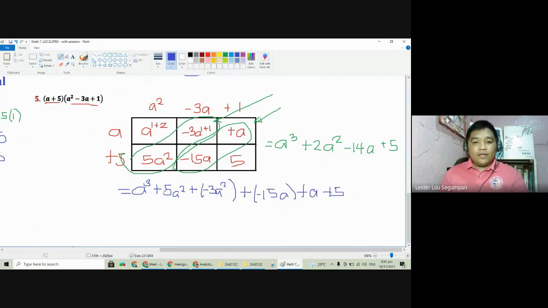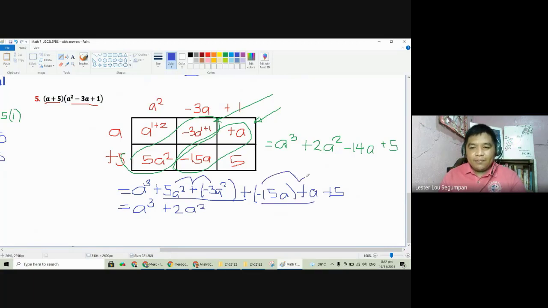We are writing all of the results here, separating them by addition. And then finally, you have here a cubed. Similar terms, 5 plus negative 3 is positive 2a squared. Same similar terms, negative 15 plus 1 is plus negative 14a. And finally for the last term, plus 5.